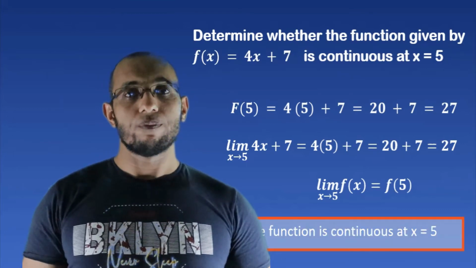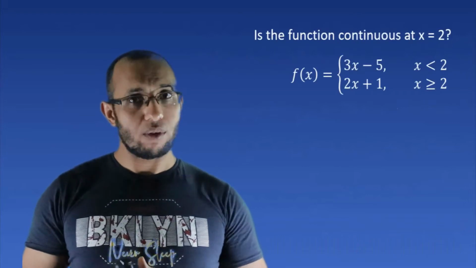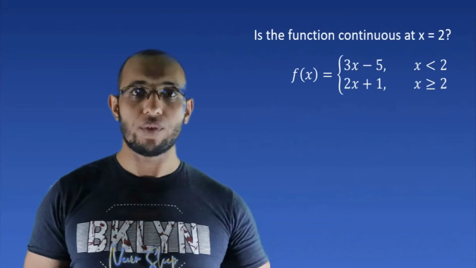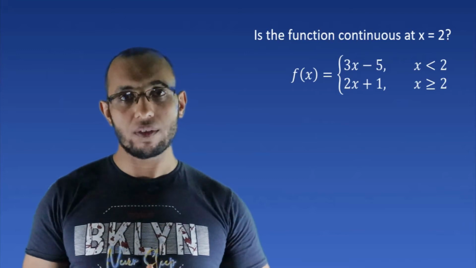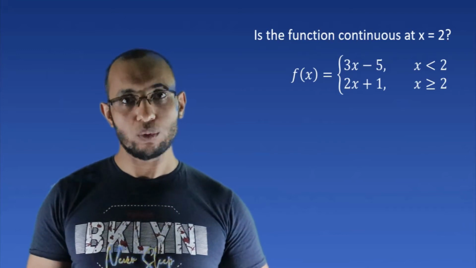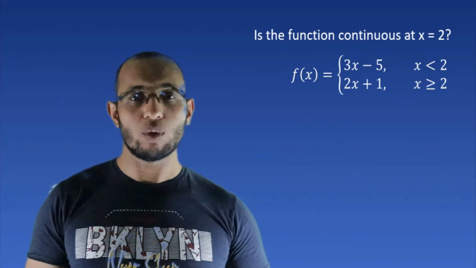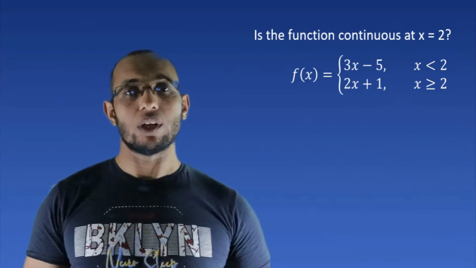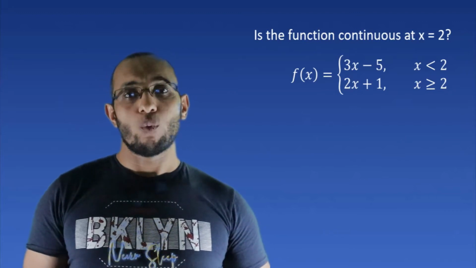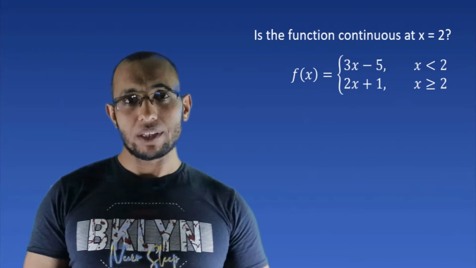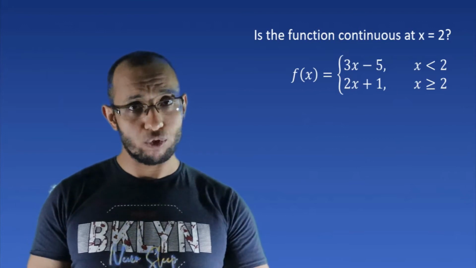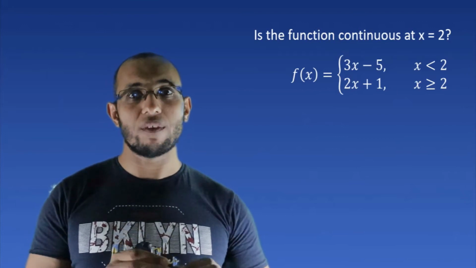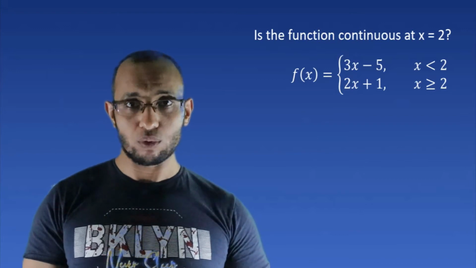Another example. Is the function continuous at x equals 2, where f of x is equal to 3x minus 5 when x is smaller than 2, and 2x plus 1 when x is greater than or equal to 2? We must determine whether the limit of the function as x approaches 2 is the same as the value of the function at x equals 2.